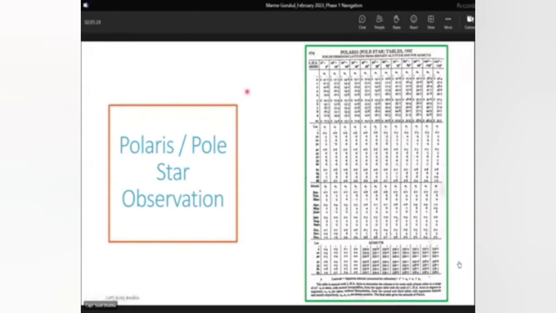Let's assume for the sake of an example that the LHA of Aries in a question is obtained as 65 degrees. So with LHA Aries 65, first of all we have to select the column. You can see the first column is from 0 to 9 degrees 59, then the next one 10 to 19 59, and so on.